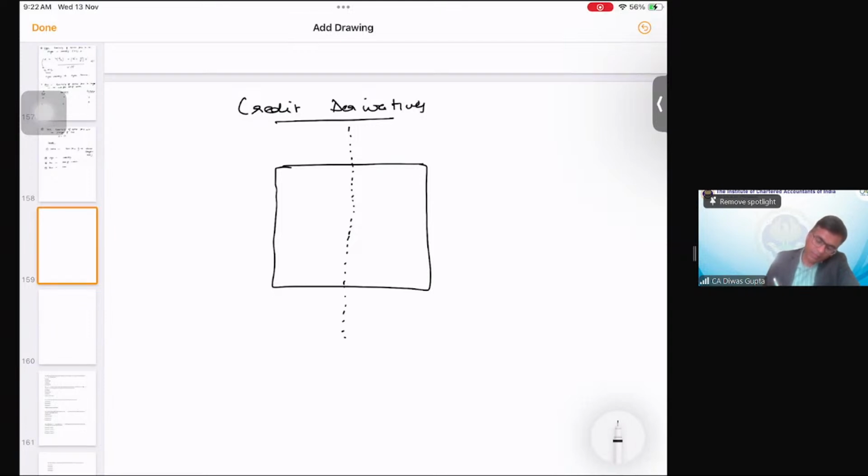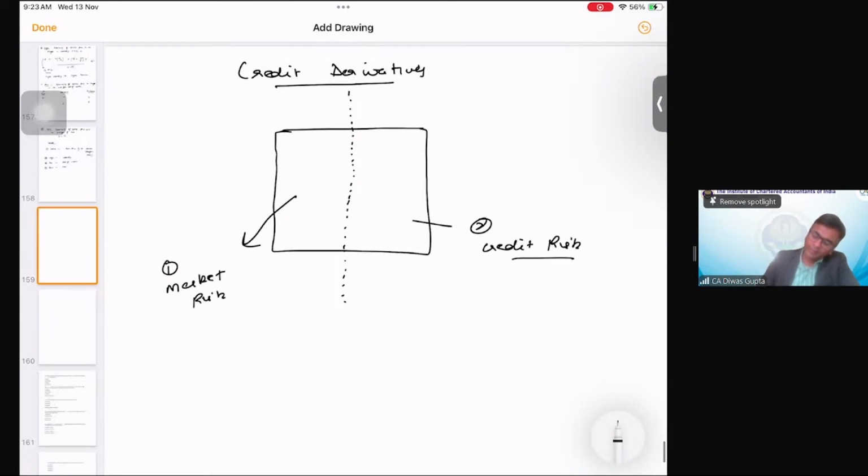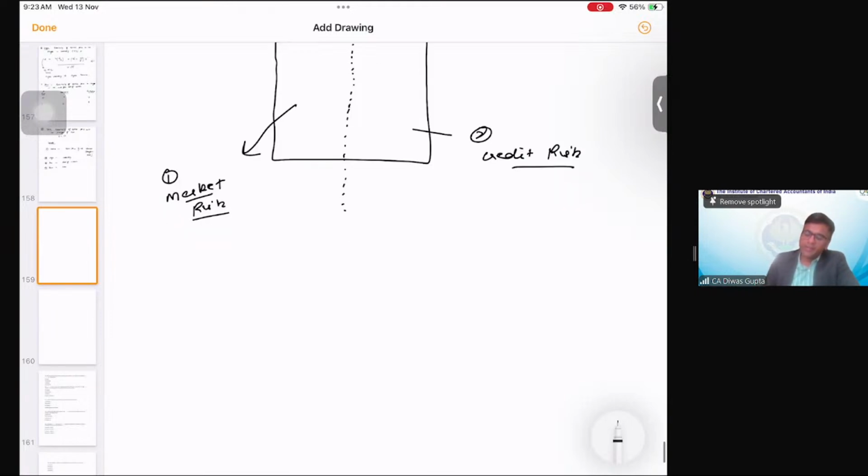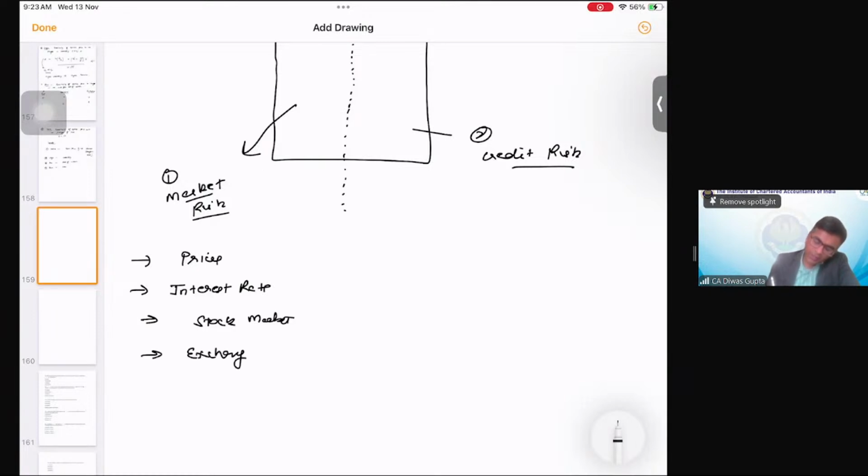One, there is market risk. Second, there is credit risk. So the market risk, students, is actually all the risk on account of prices, interest rate, stock market going up or down, exchange rate.